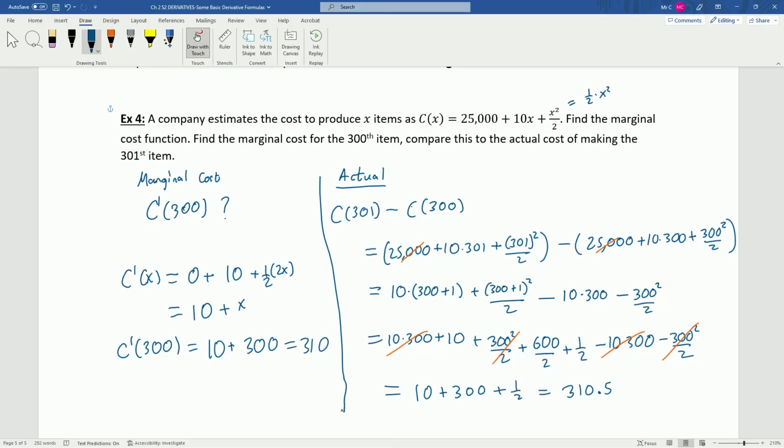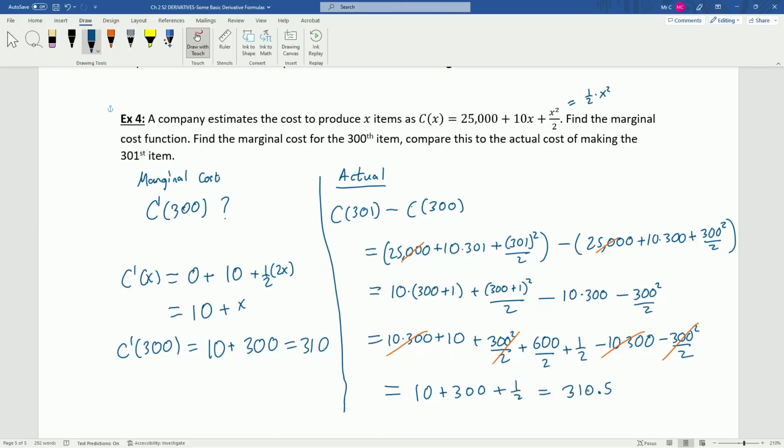So again, as we said before, these cost functions are only defined for integers, so they're not quite right. They're not truly differentiable when you're restricted to only the integers, and as such, when we look at these marginal cost approximations, they don't give the exact answer, but they give a very close answer.